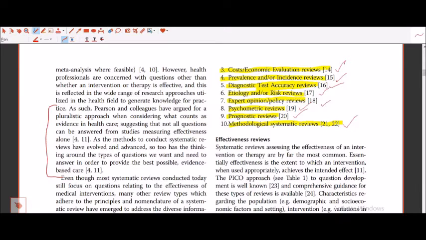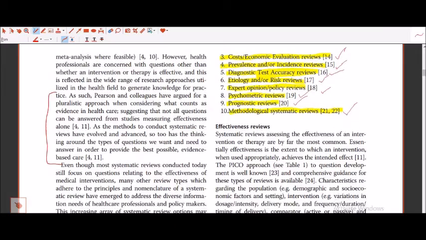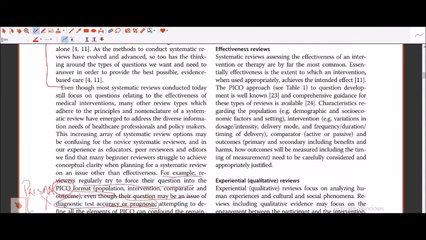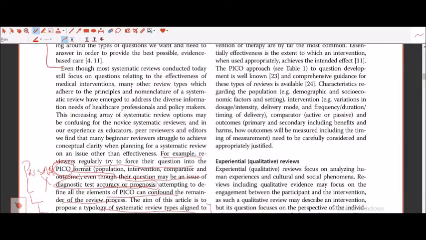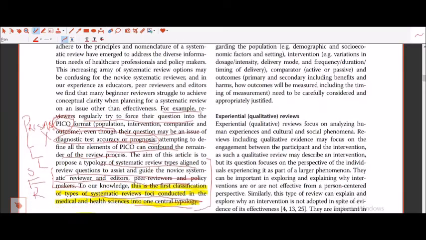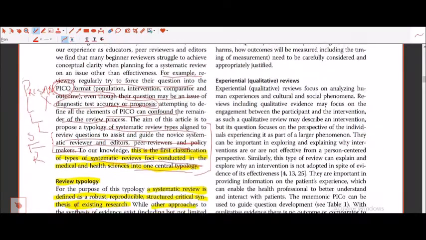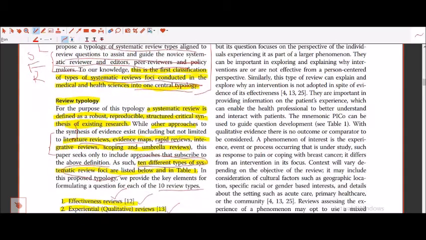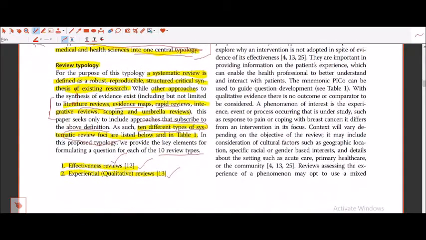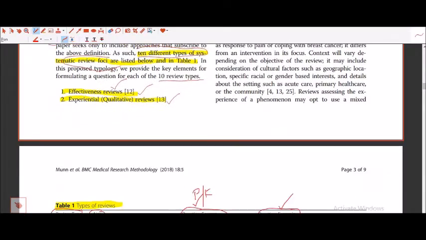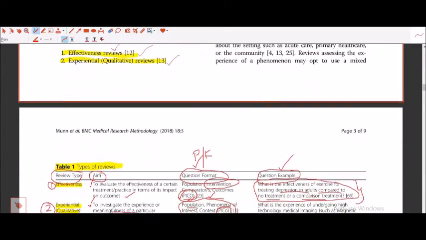Definitely there are certain things which we need to focus upon, and before I can proceed further with the remaining things, try to understand the purpose of this particular paper which I have shared: what kind of systematic review should I conduct, a proposed typology and guidance for systematic reviewers in medical and health sciences.